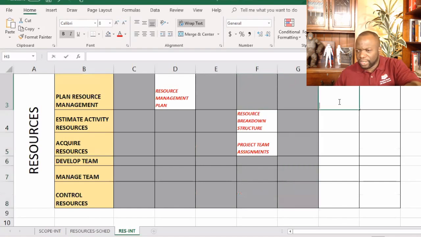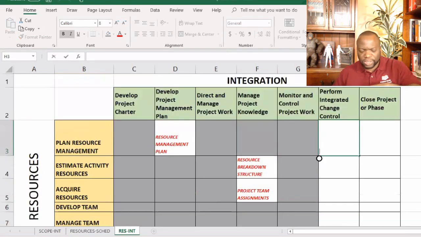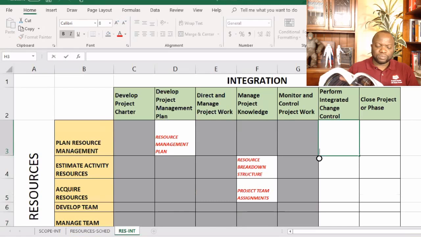Let's do the same for perform integrated change control. Let's check the reference made to BOEs. I think this may be a wider net. I would have expected it to be. So let's go to BOEs on page 116. So it says, described in section 6.4.3.2, basis of estimates indicate how the duration, cost, and, there we go, just as expected, resource estimates were derived.